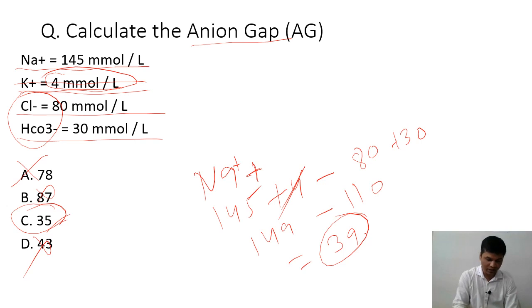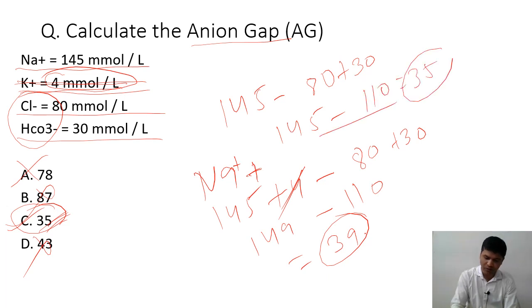If potassium is there, then you can show 39. If potassium is not there, you can remove potassium. So directly 145 minus 110, and the anion gap, 35, will be your answer.